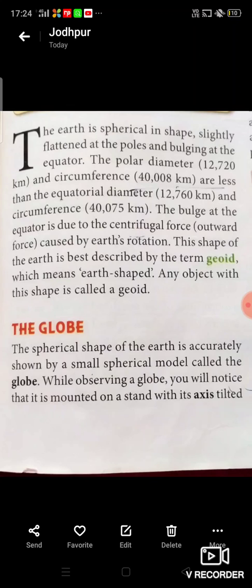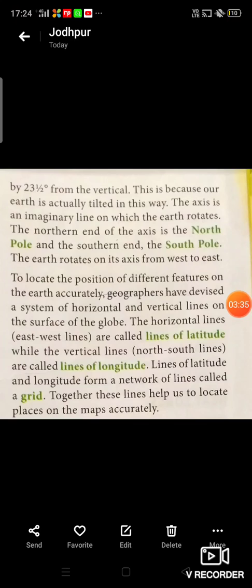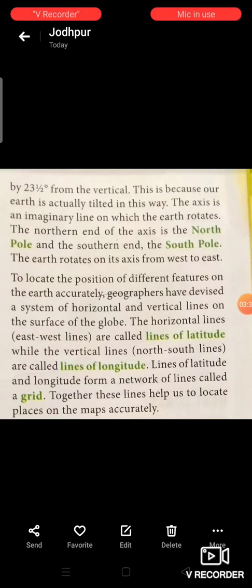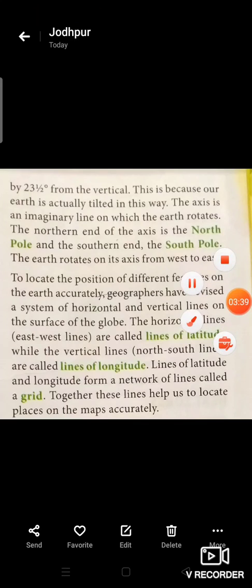Students, when you observe a globe, you will notice that it is mounted on a stand with its axis tilted by 23 degrees from the vertical. Now we will see the globe in a picture.